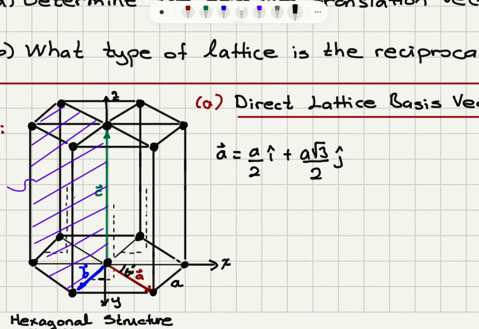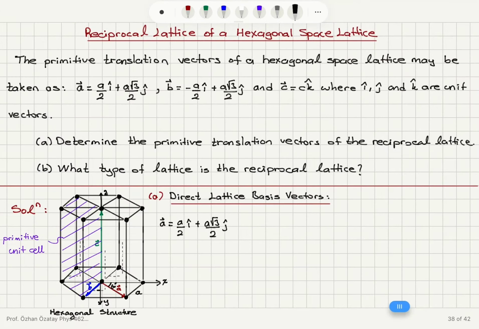So if you have the projection of this vector, which has a magnitude a, to the y-axis, you would need a cosine 30, which is a square root 3 over 2. And then you would need a cosine 60, which is a sine 30, a over 2, projection onto the x-axis. So this is how I can visualize this.